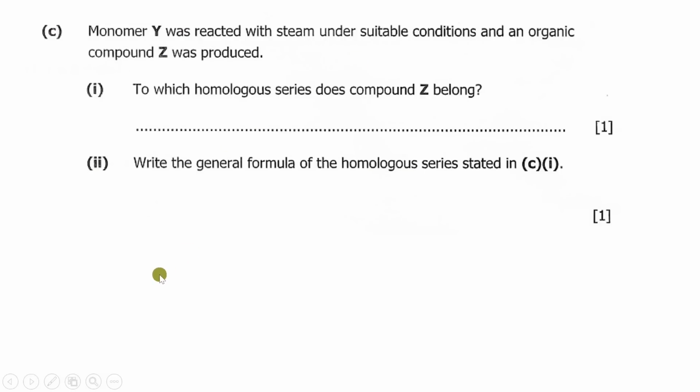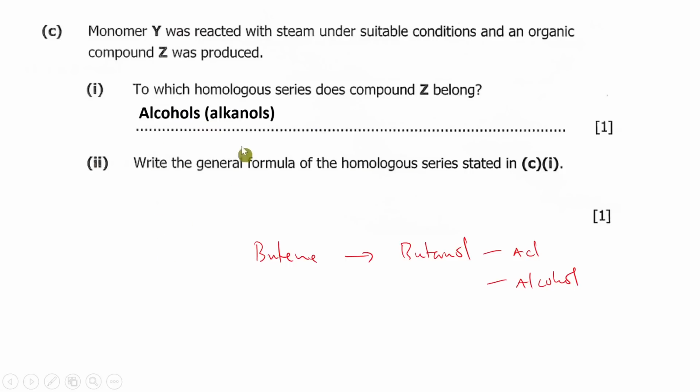So it will become an alcohol, which is butanol. So this is an alcohol. So if they say to which homologous series does compound Z belong, we say alcohol or alkanols.